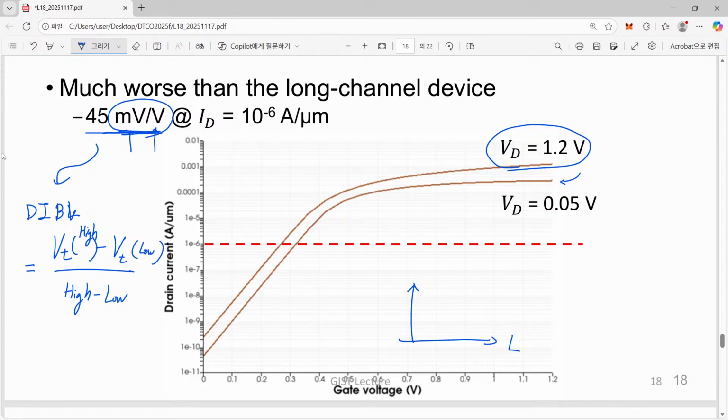This is length and your DIBL. If we have quite a long channel device, for example 1 micrometer, DIBL is almost undetectable, just 0. And if we go to shorter and shorter, for example 50 nanometer, then we have 45.